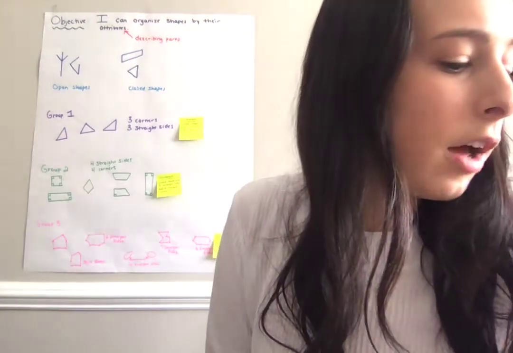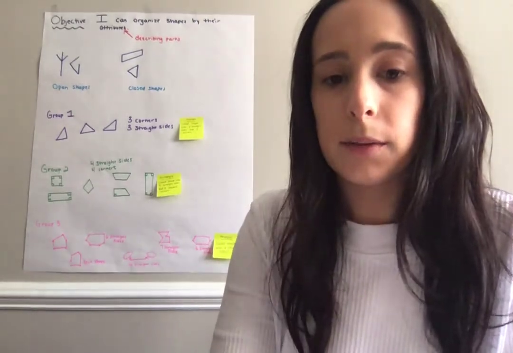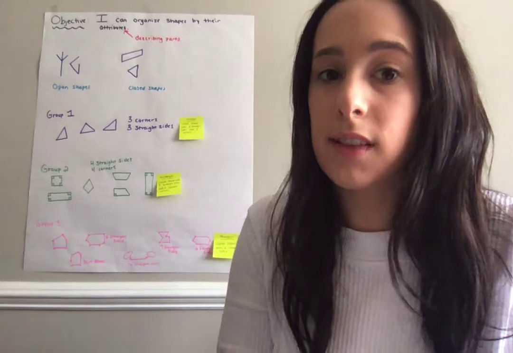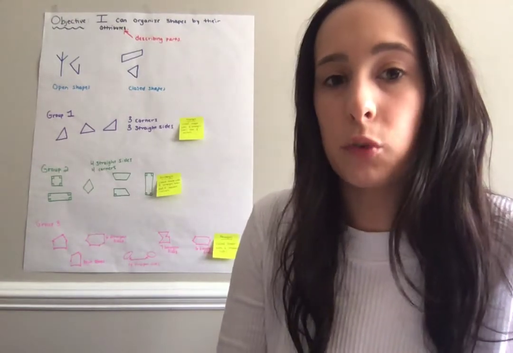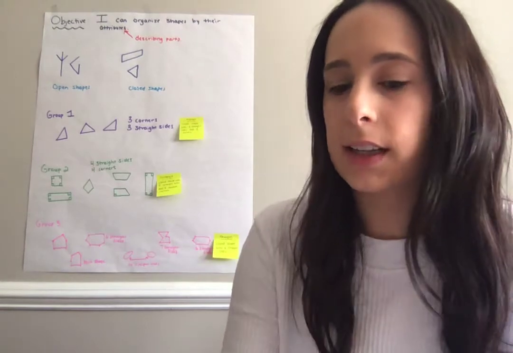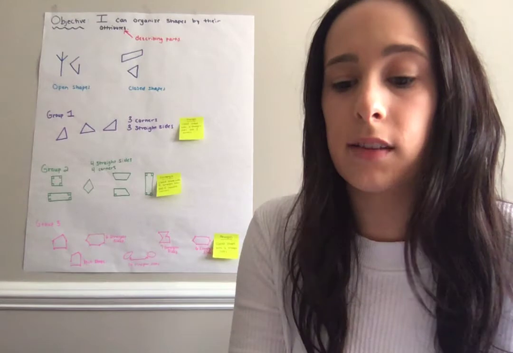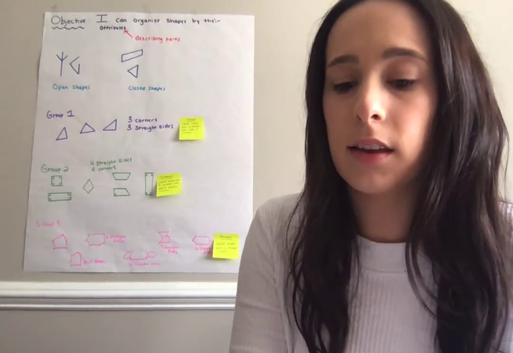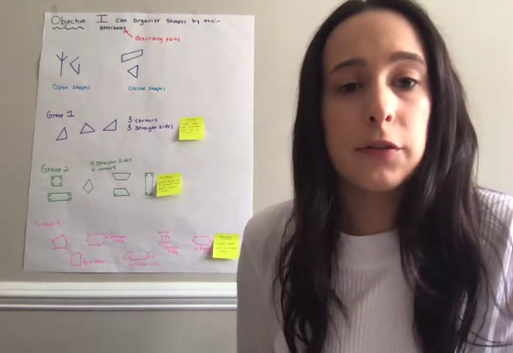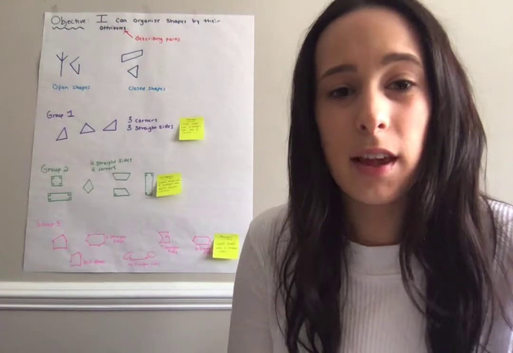We have another description of a shape. It's called a square. A square is a closed shape with 4 straight sides of the same length and 4 square corners. So similar to rectangle, but different. I'm going to say it again. A square is a closed shape with 4 straight sides of the same length and 4 square corners. Well, the one difference between a rectangle and a square is that a square has to be the same length.